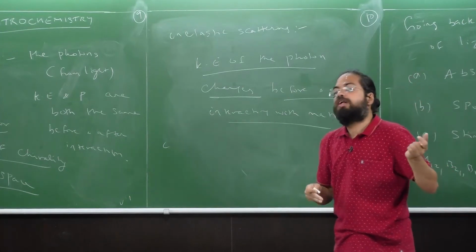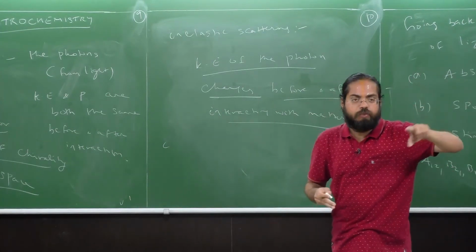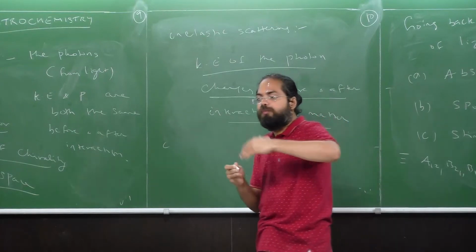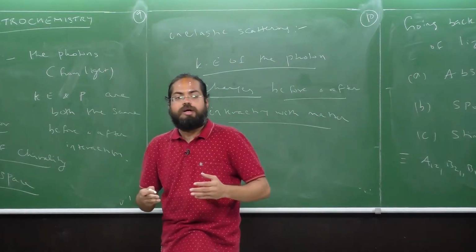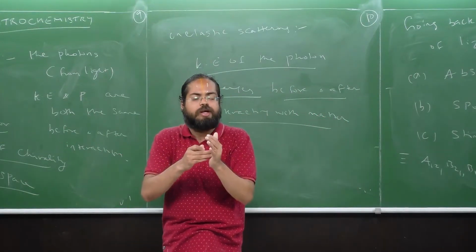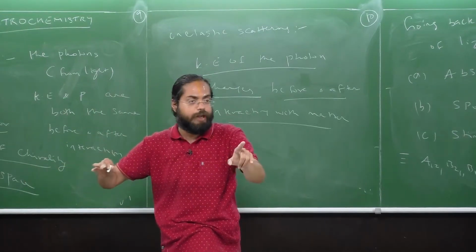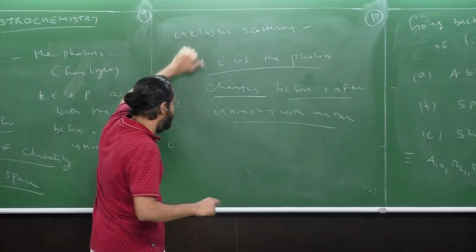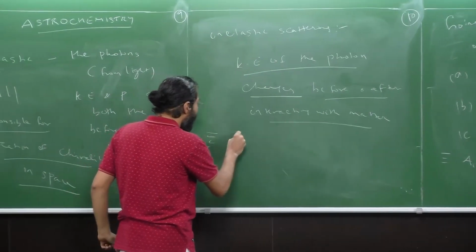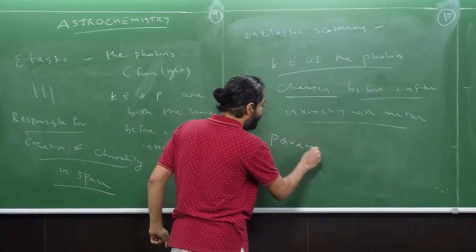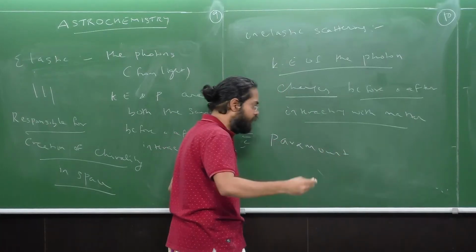As a result, the state of the molecule changes. The molecule could either go from ground state to excited state, or if enough energy is transferred, the molecule may transform into some other molecule altogether, okay, right? So inelastic scattering is of paramount significance, of extreme importance, right?